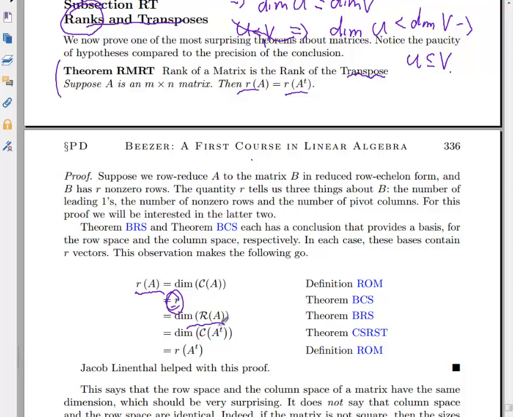That's how we did it. We took the row reduced form, we took the transpose, and the non-zero columns gave us a basis. So we're simply relating the dimension of the column space to the dimension of the row space, and the dimension of the row space is the same thing as the rank of the transpose.